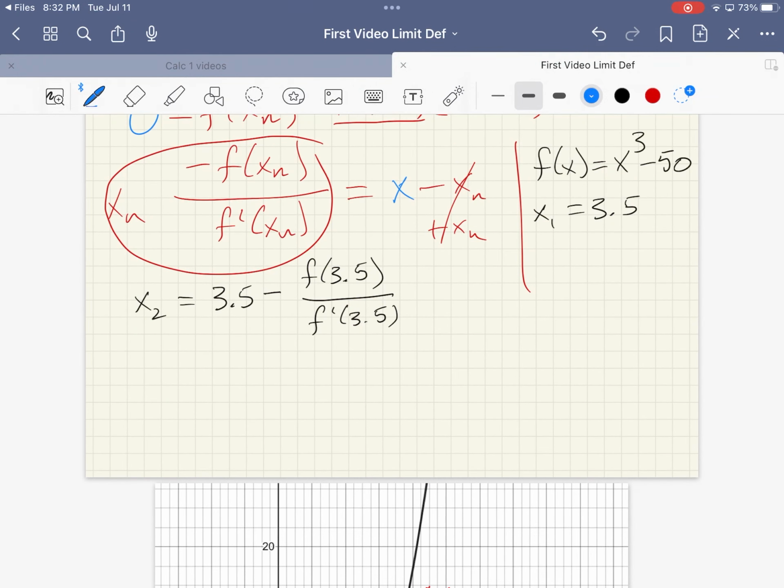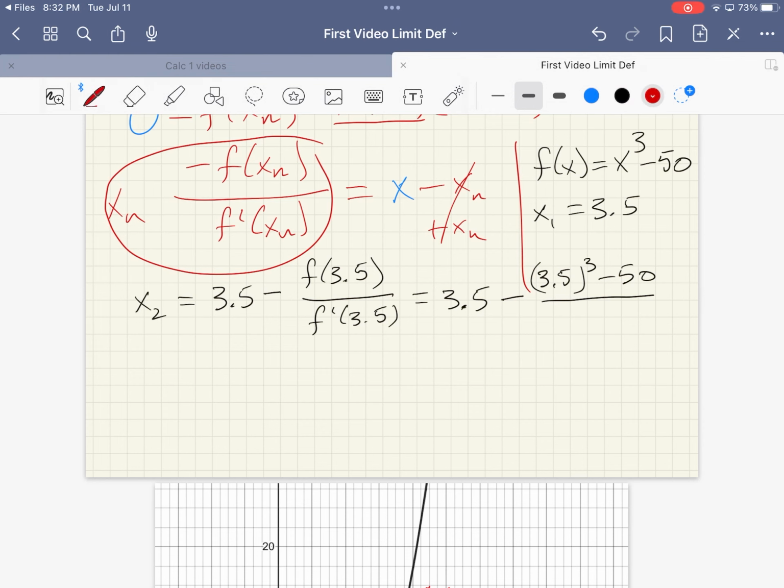Okay, so if we do this here, we're probably going to have to do some rounding, but we're going to get 3.5 minus 3.5 cubed minus 50 over, now let's think about the derivative real quickly.